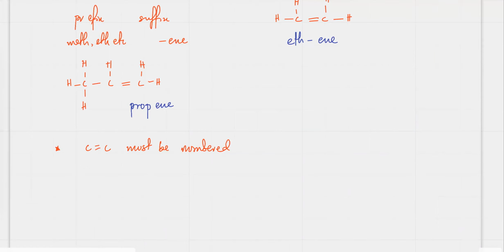You've got 4 carbon atoms, so this is 3 H's, this would be 1 H, this one will have 1 H, and this one will have 3 H's. So this one is but, and the functional group is ene, but you have to number it, and numbering is done from the side that gives a smaller number.